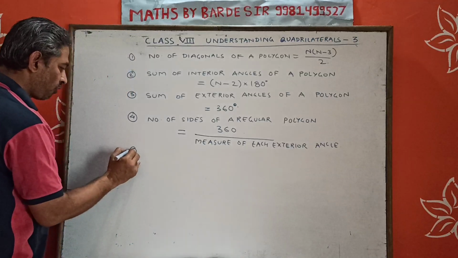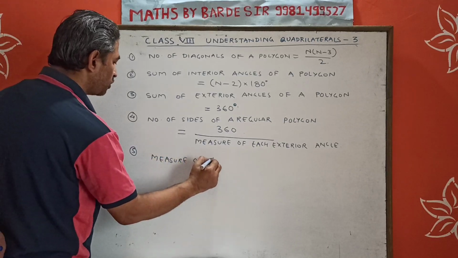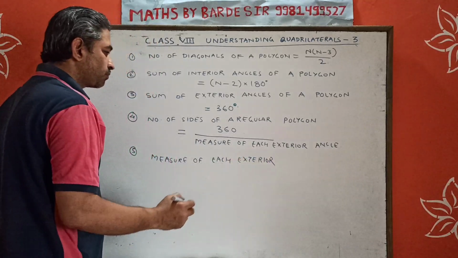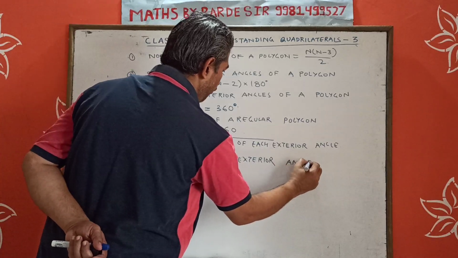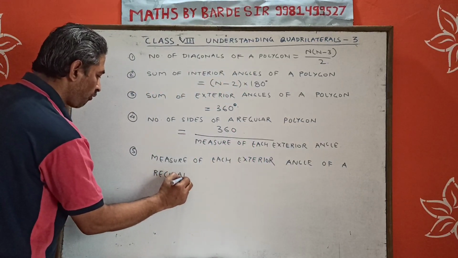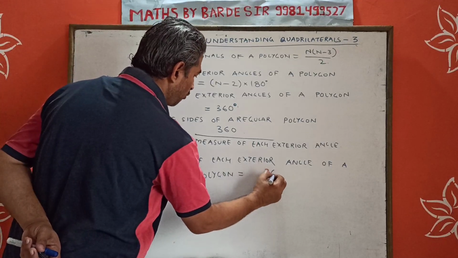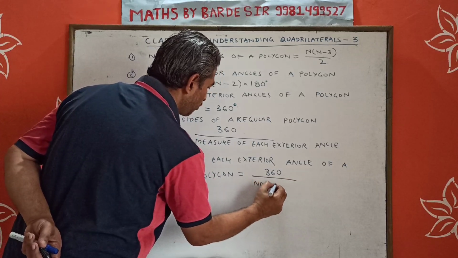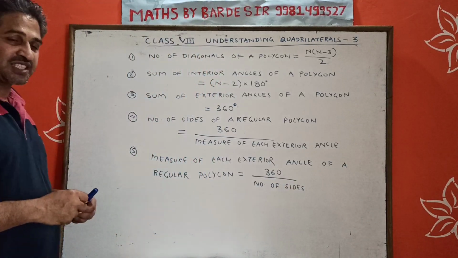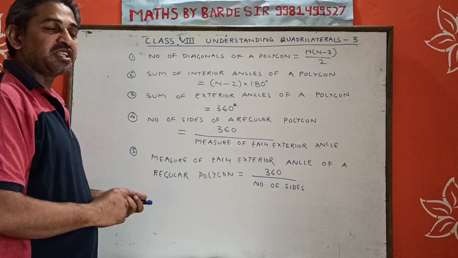Or, the measure of each exterior angle of a regular polygon is equal to 360 divided by the number of sides.